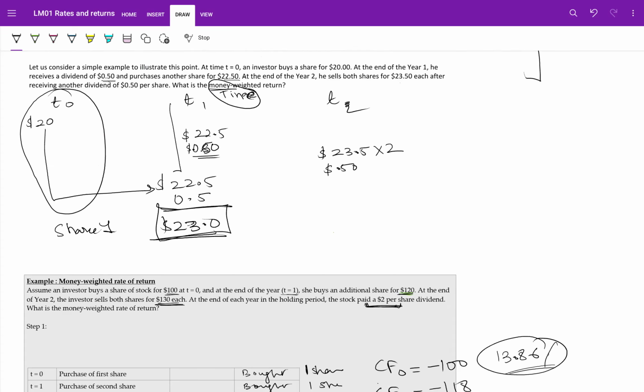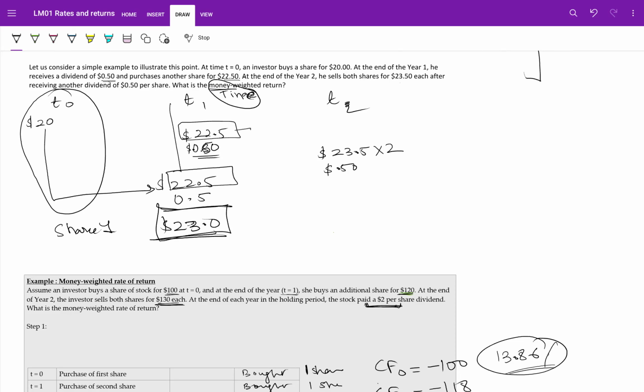Now we are going to talk about the second share at time one. A new share was bought at time one for 22.5.